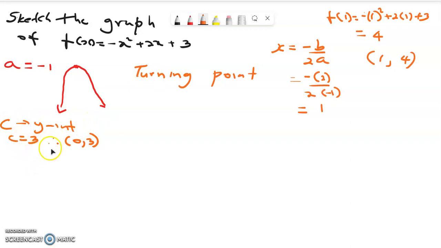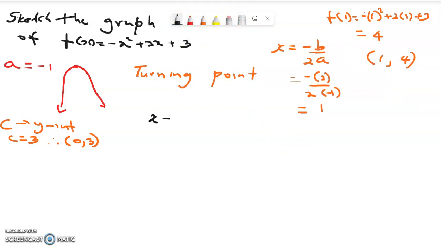So we have c as 3, so the y intercept is at 0 and 3. So we have the turning point, we know the graph is concave down, and we have the y intercept. What is missing here, so that we can sketch this graph, is the x intercept. So let us go and find our x intercepts, and once we have them, then we can sketch our graph.